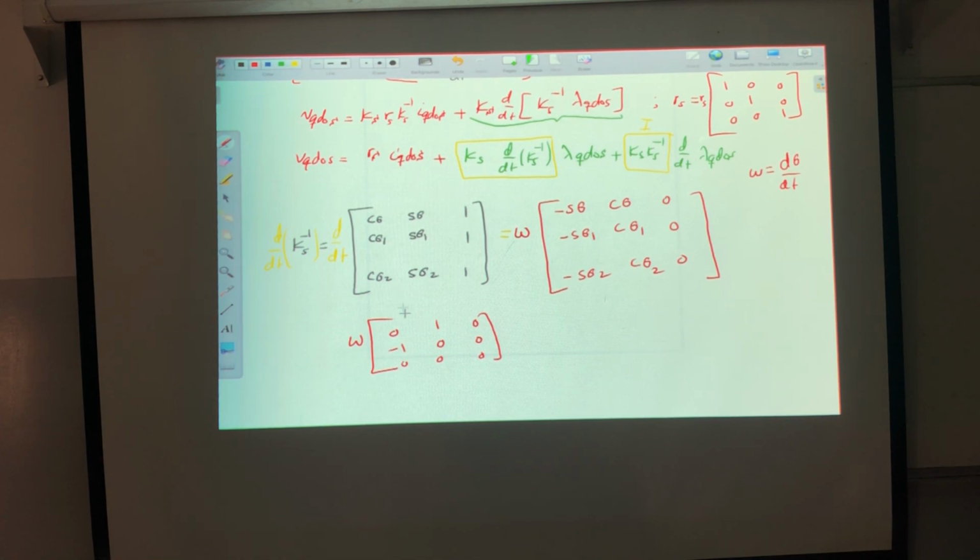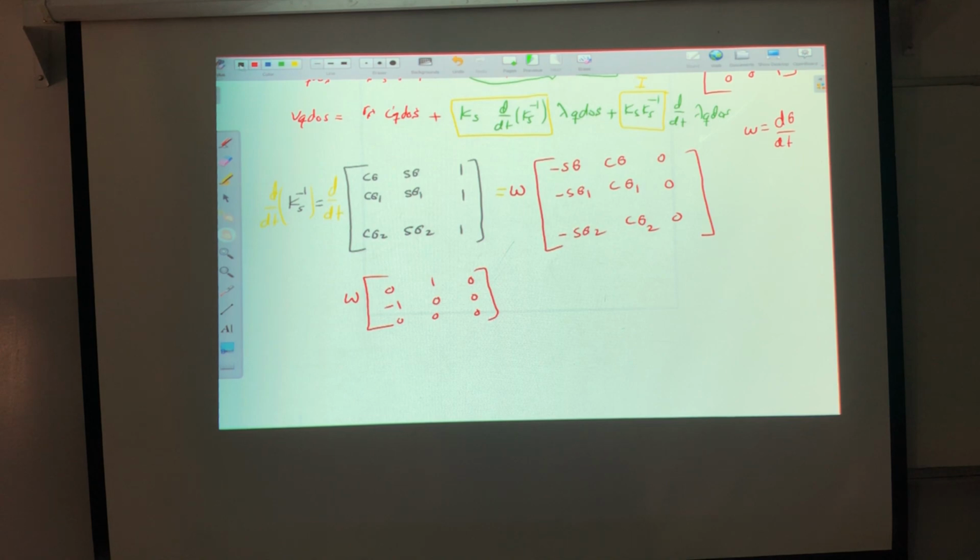Okay. So now, if we do that, who can help me to write the voltage equation in the QD0 frame?